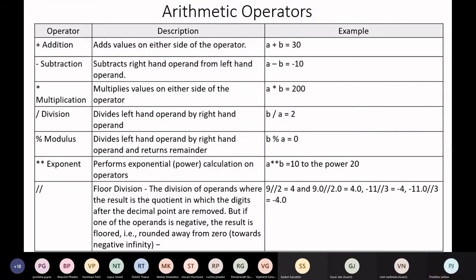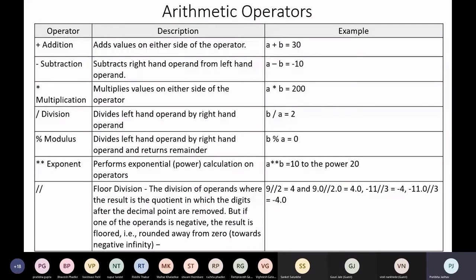Then double asterisk is used for exponent, which performs the exponential calculation on the inputs given. And the double slash operator is used for floor division. Floor division performs the division operation between two input data, which retains the quotient of the division operation.